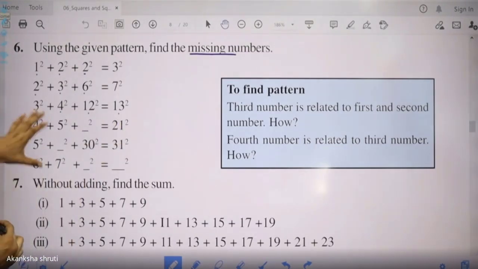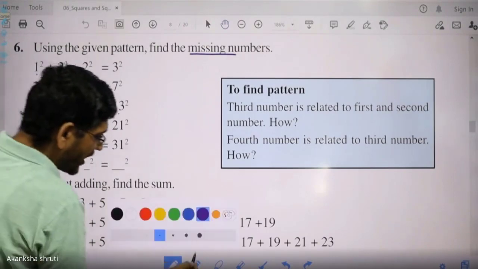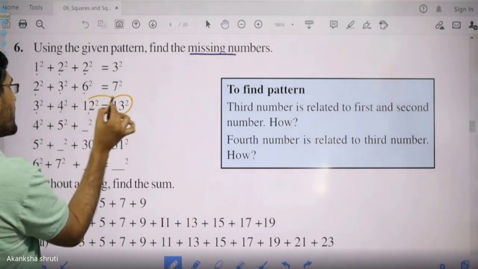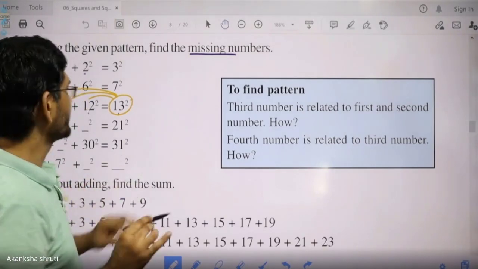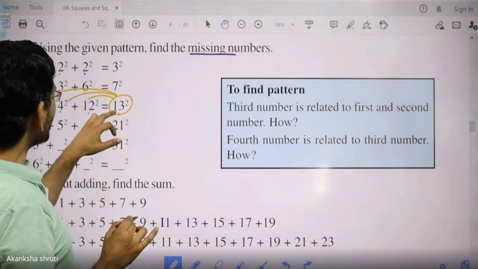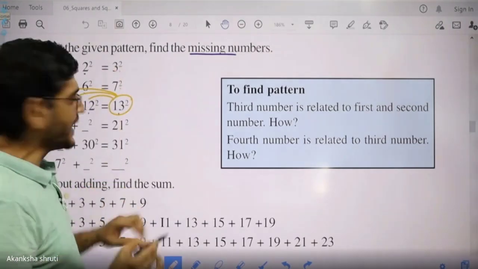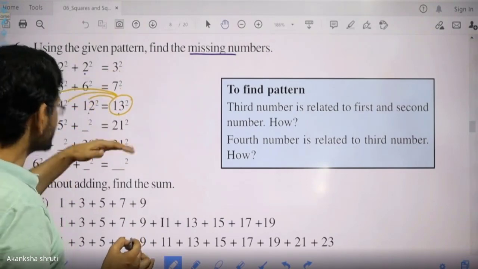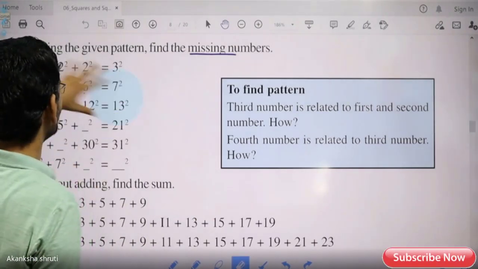Students, from this we have to fill this one. For that we have to find the relation of how this 13 is expressed as the sum of these 3 squares. Search for that. Also, you need to verify whether the same is followed in the other two. Find a relation from any of these, verify with the other two, and apply the same to the remaining. Here, what appears to me is very simple, students.